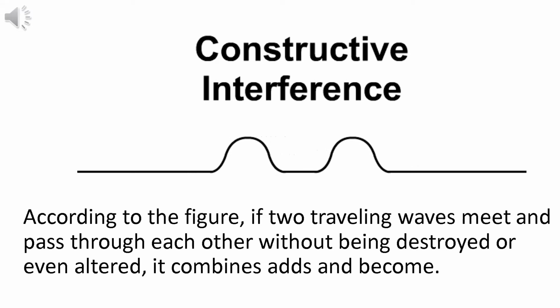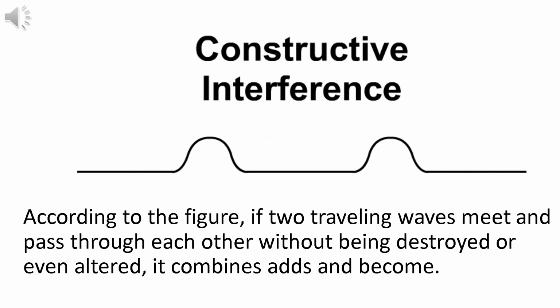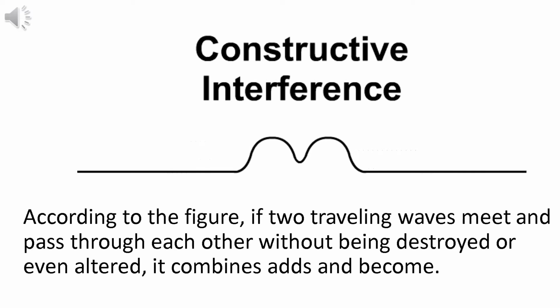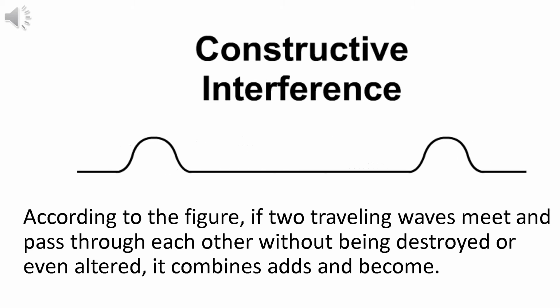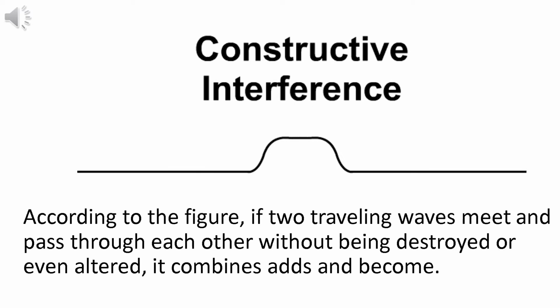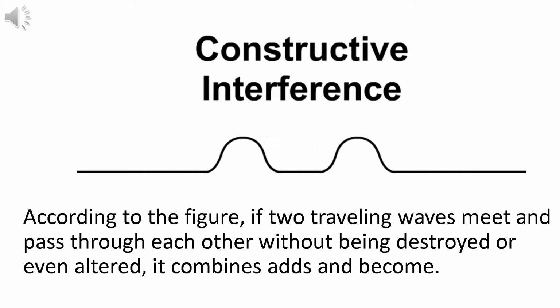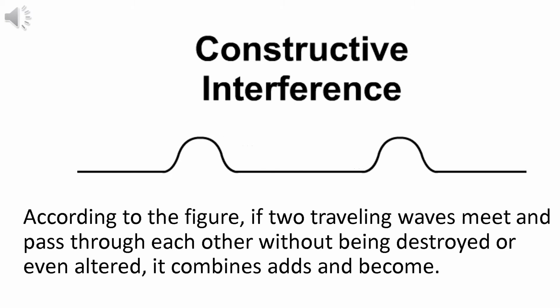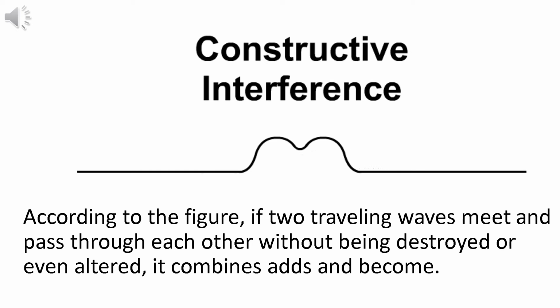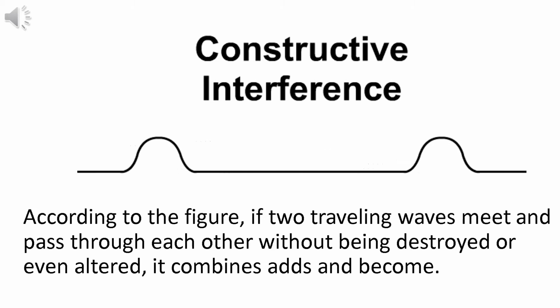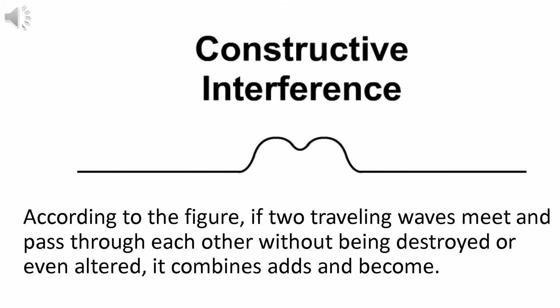So as you could see from the GIF, diba, nagkaroon ng collision between the two waves. Hindi naman siya nasira, 'di ba? Pero nagbago yung form nila at nag-add sila sa isa't isa. Ayun, kaya mas lumaki yung wave nung nag-collide ang mga ito. So ang tawag natin doon is constructive interference.